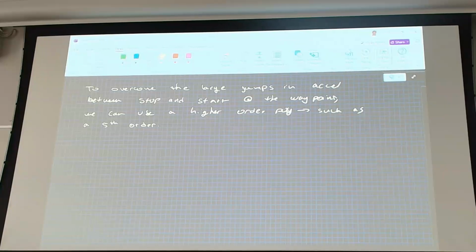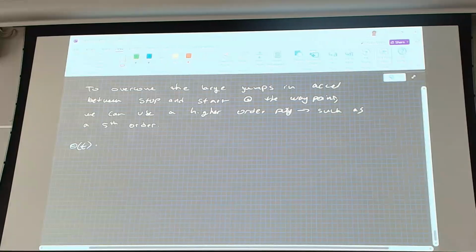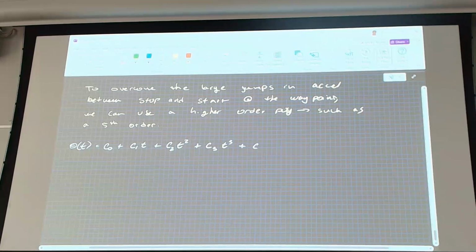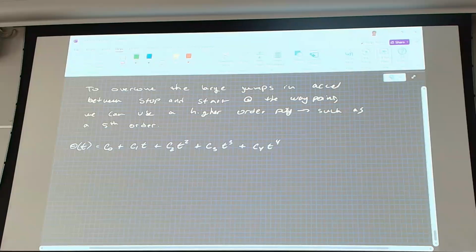Okay, so if I go to a fifth order polynomial to describe the position of theta, it's quite simple, right? So I could do theta of t as c naught plus c1 t plus c2 t squared plus c3 t cubed plus c4 t to the fourth plus c5 t to the fifth.